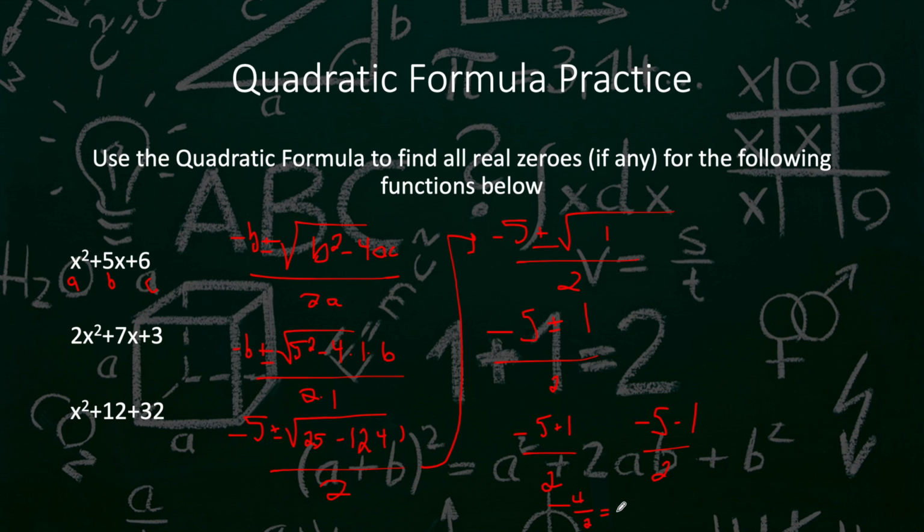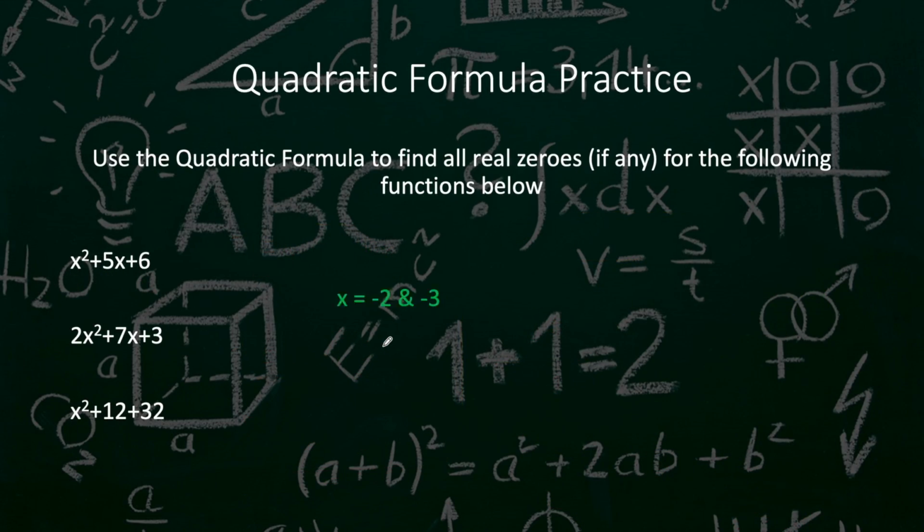This gives us negative 2 as one of our zeros. And doing this right side one, we have negative 6 over 2. This gives us negative 3 as one of our zeros. So our two zeros are negative 2 and negative 3. Checking our answer, we got it correct.